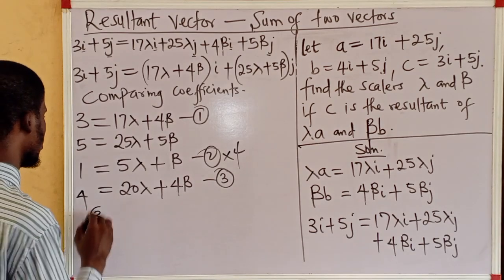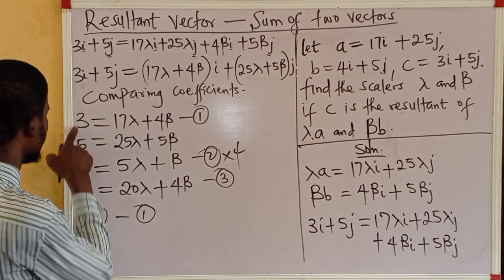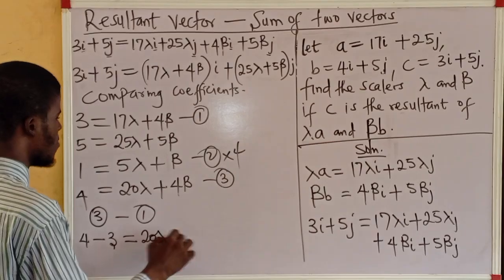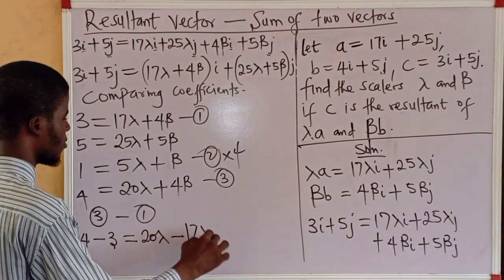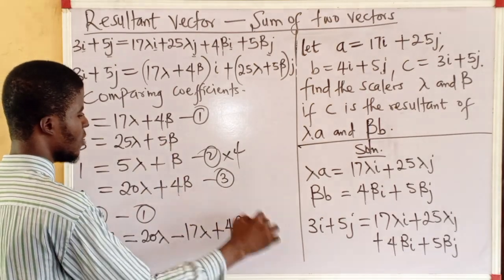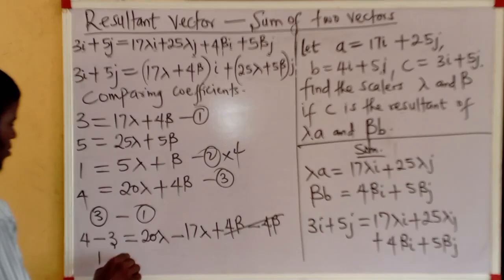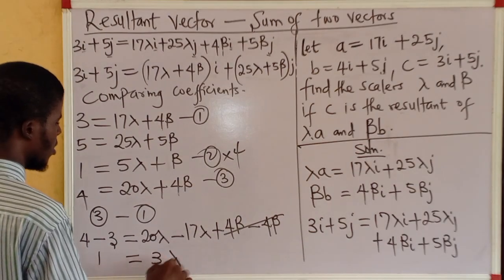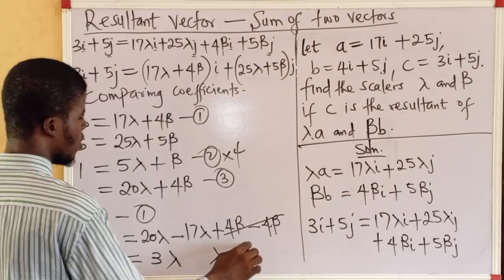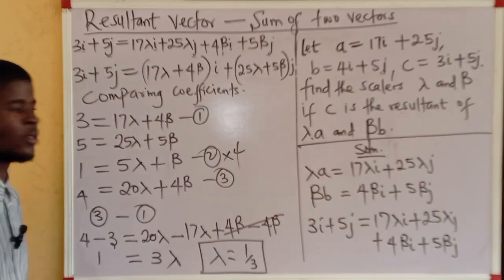Let's say equation 3 minus 1. 4 minus 3 is equal to 20 lambda minus 17 lambda plus 4 beta minus 4 beta. They will cancel out. What's left here? 1. And this will give me 3 lambda. Now if I divide both sides by 3, lambda is equal to 1 over 3. This is it for lambda.